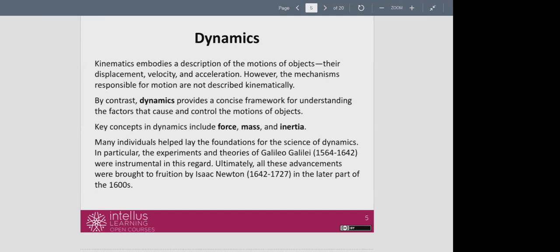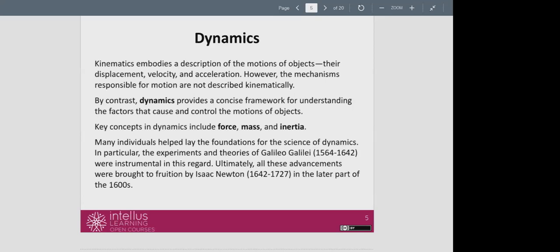And so you see they give a little bit of a historical perspective, right? Galileo was one of the important individuals in terms of helping us understand motion. He was one that experimented to try to determine the causes for motion. And he got a good number of things right, but there were some things that he had fundamentally incorrect.